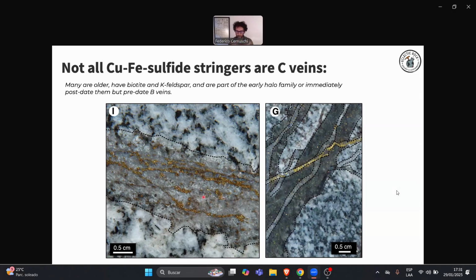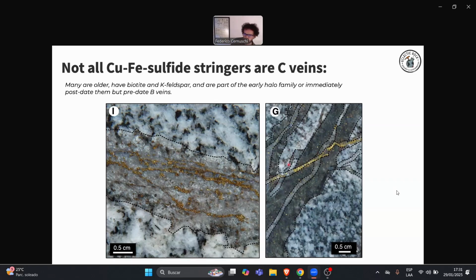They start to amalgamate and they make these anastomosing sulfide stringers that are formed with the halo, and they evolve as the halo is growing. So sometimes they are slightly younger, but they predate B veins. So these are not C veins.